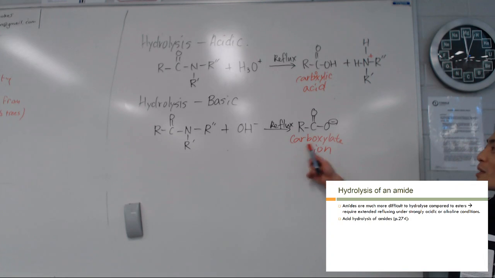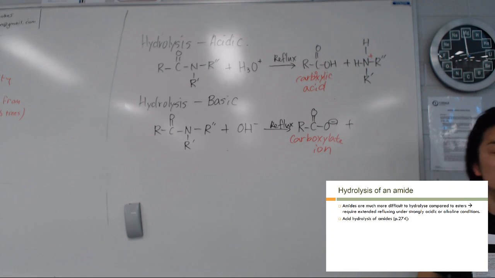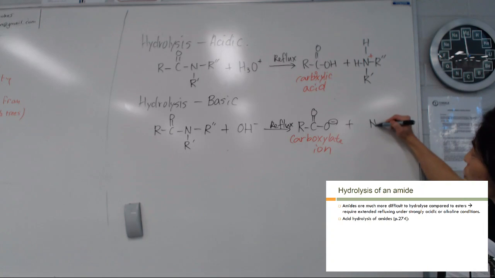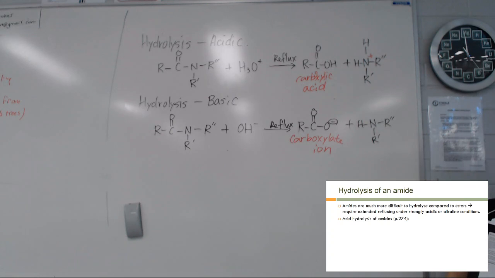I spelled this one right, I'm pretty sure. Carboxylate, yeah. I don't know how I did that one. Alright, in basic condition, base can stay as base. So you should just get an amine.